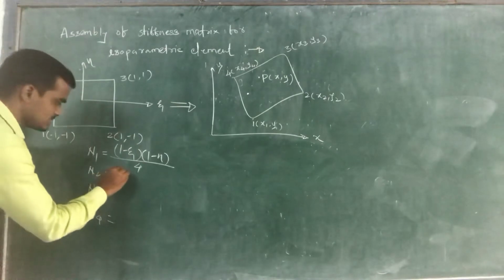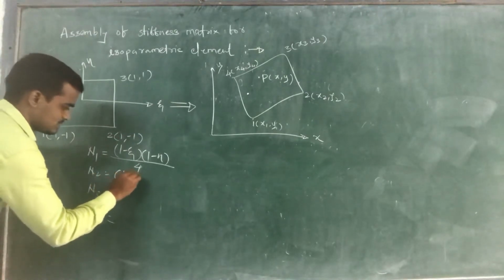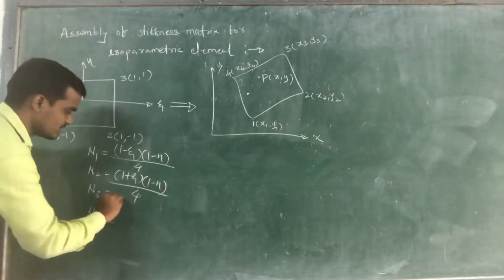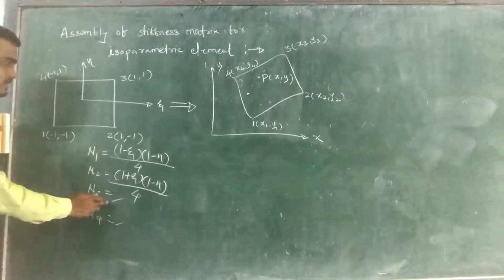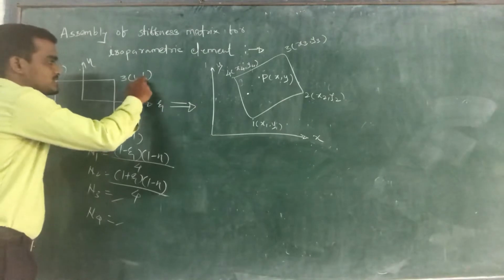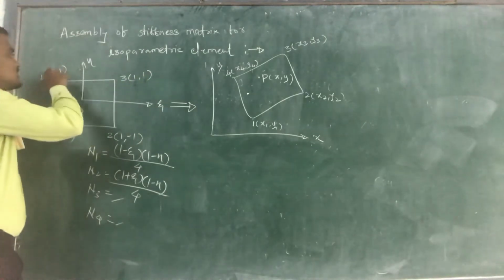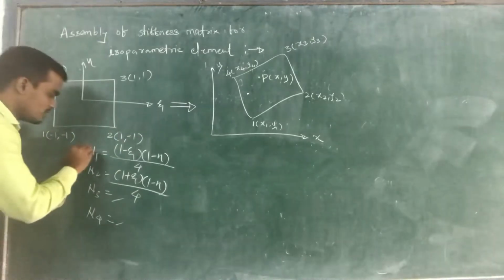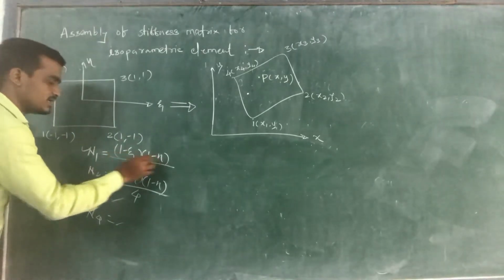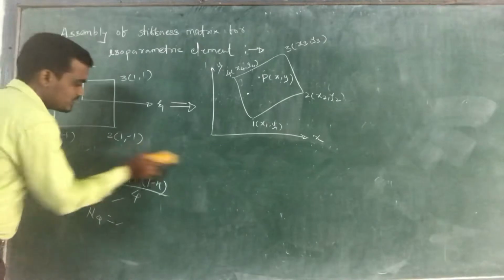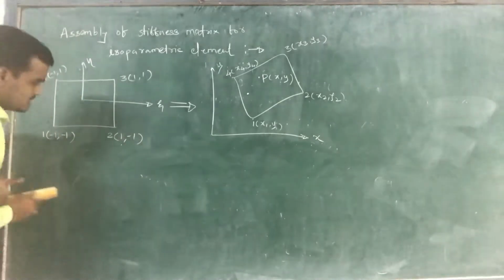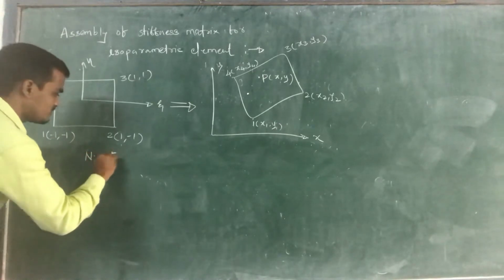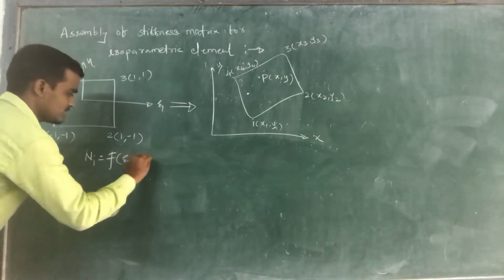Similarly, N2 is 1 plus zeta into 1 minus eta divided by 4, and similarly you will get N3 and N4. N3 will become 1 plus zeta into 1 plus eta by 4, and N4 is 1 minus zeta into 1 plus eta by 4. So here you will see N1 is a function of zeta and eta, which means the shape function Ni is a function of zeta and eta.